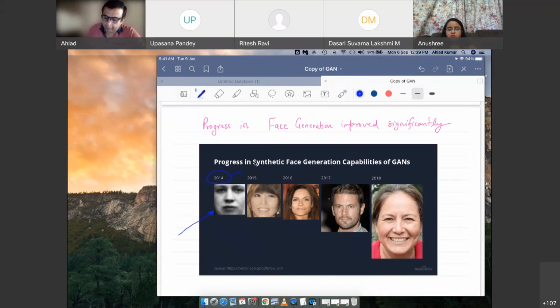As time progressed from 2014 to 15, 16, 17, 18, you can see how the size of the images and the quality of their content increased. This shows the progress made in the research community.